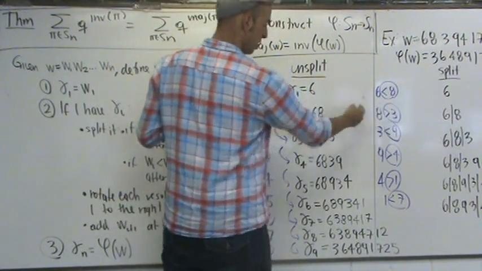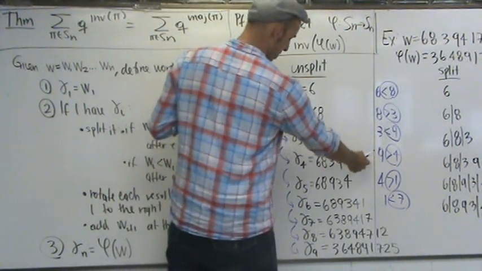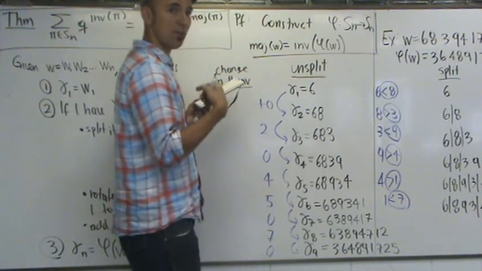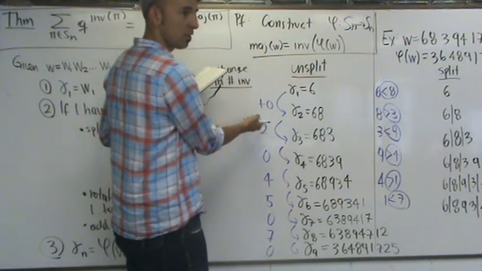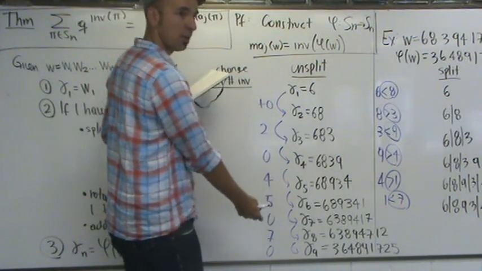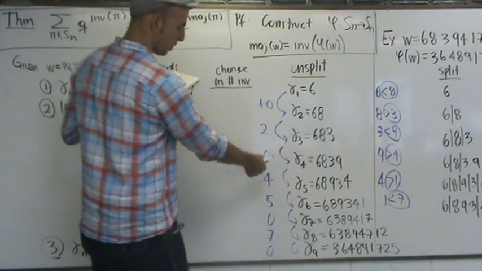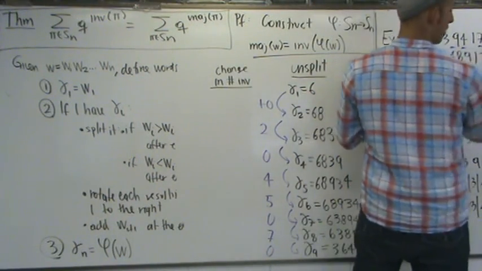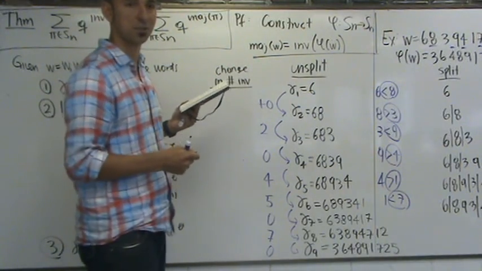If I have a descent, plus 2. If I don't have a descent, plus 0. If I have a descent, plus 4. Every time I have a new descent, the number of inversions changes by the descent, by 2, 4, 5, 7. And so that's why the total number of inversions is 2 plus 4 plus 5 plus 7, which are precisely the descents of this guy. And so that's why you get the major index.